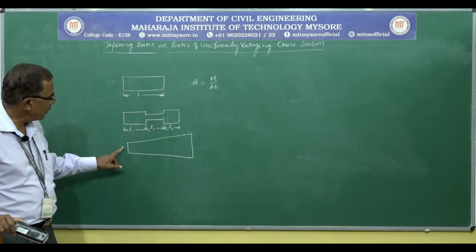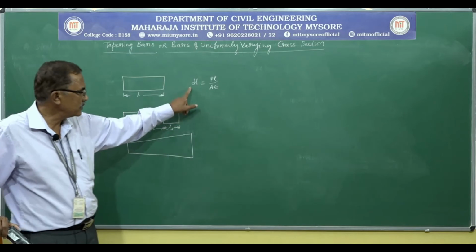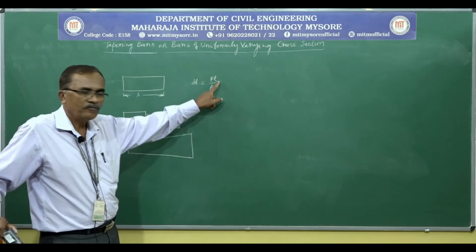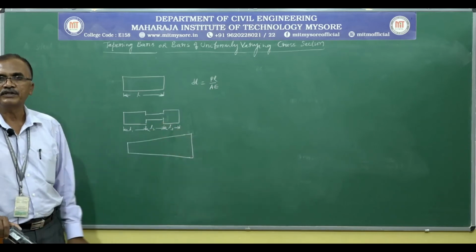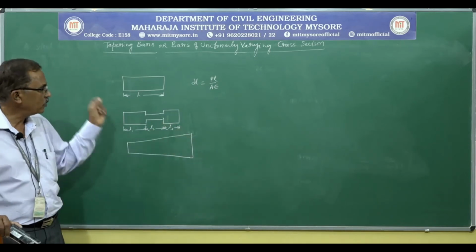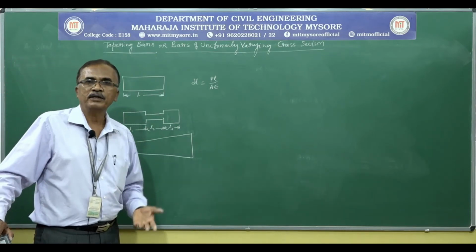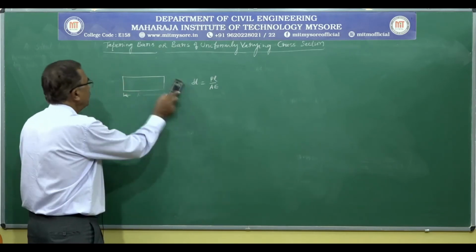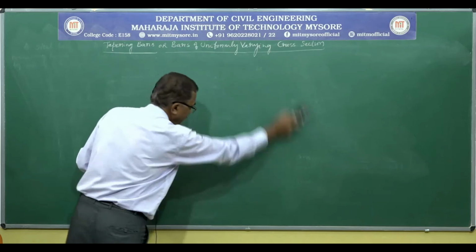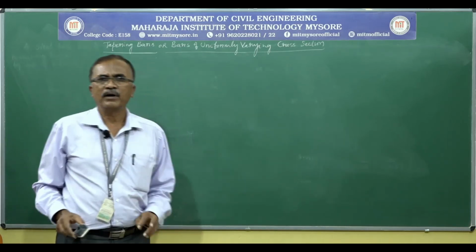When we come across a bar of uniformly varying cross section like this, or tapering section, we cannot use this change in length expression to find out the stresses induced in the bar. For that we have to obtain a different expression and proceed. Let us consider one such type of bar, for a solid circular one, and next for a solid rectangular bar having a constant thickness.